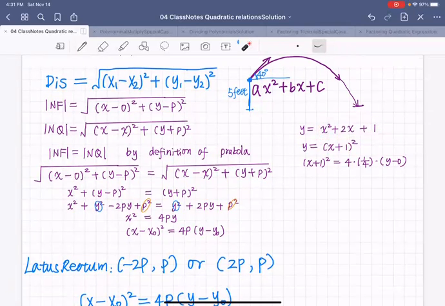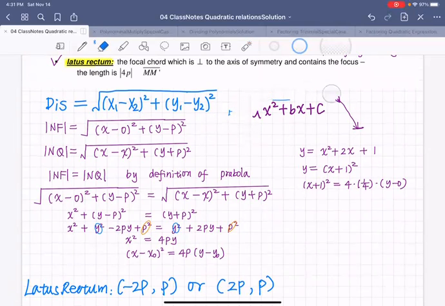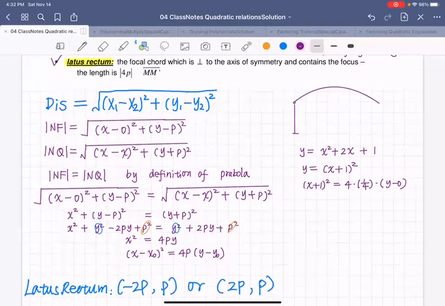And the reason they call this a parabola is, say you stand at a building and you throw a stone at a certain angle.